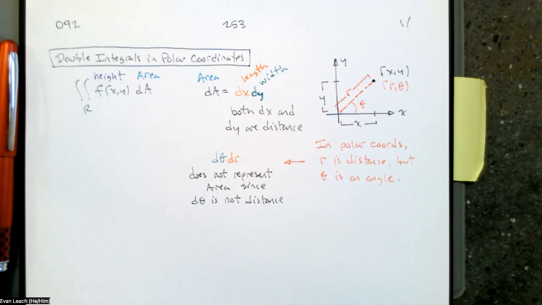So I'm not getting an area. I'm not getting meters squared. So this is the issue.